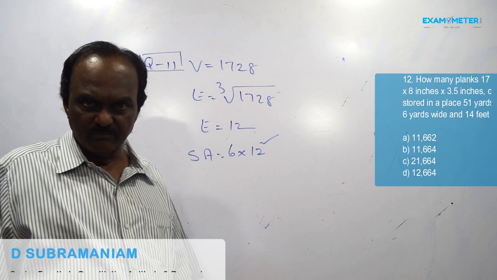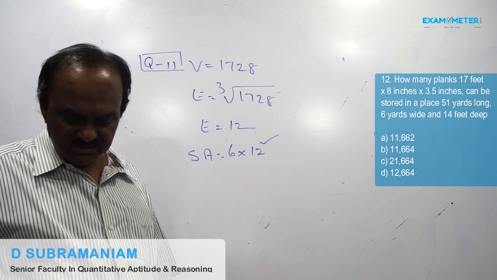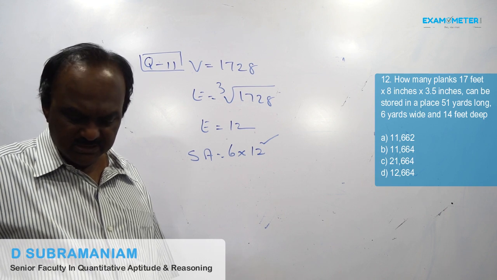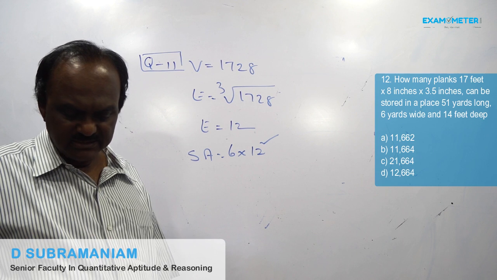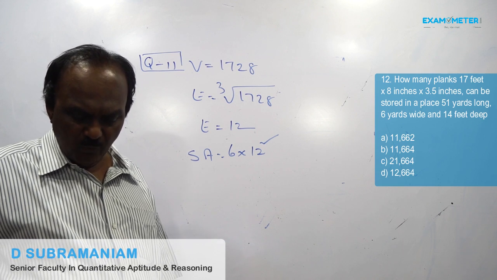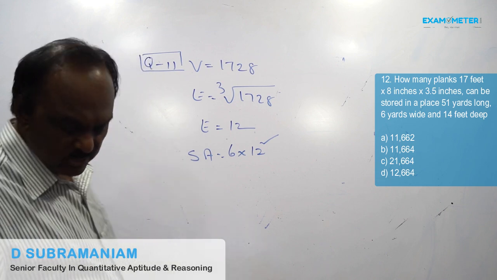Question number 12. How many planks 17 feet by 8 inches into 3.5 inches can be stored in a place 51 yards long, 6 yards wide and 14 feet deep? So write down.